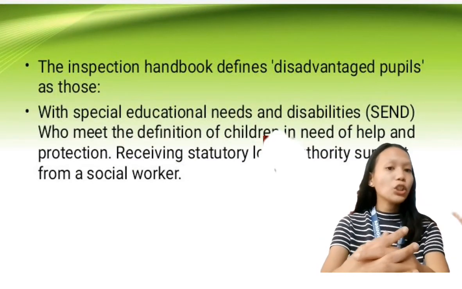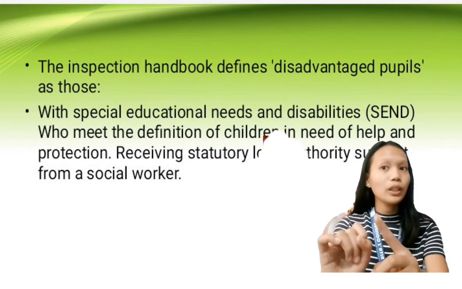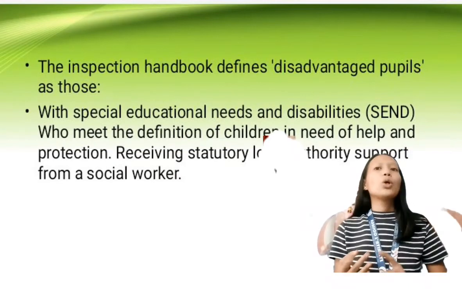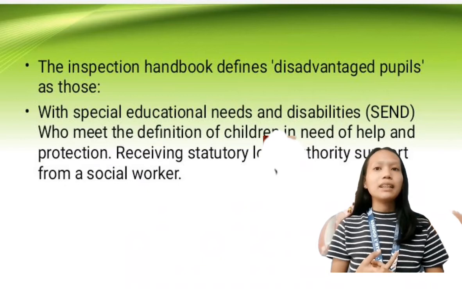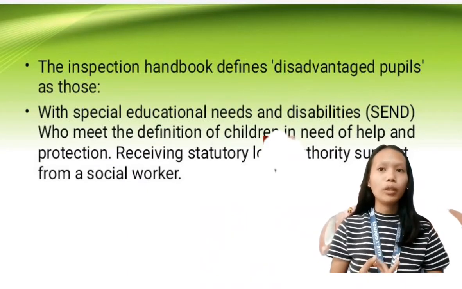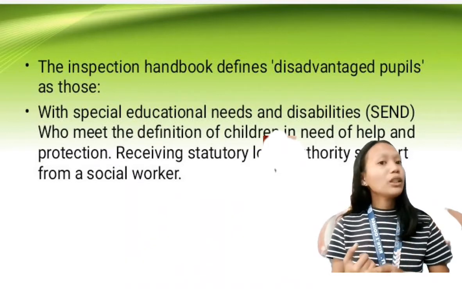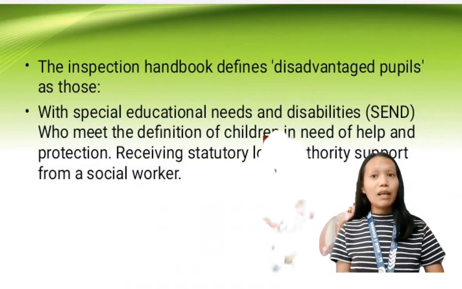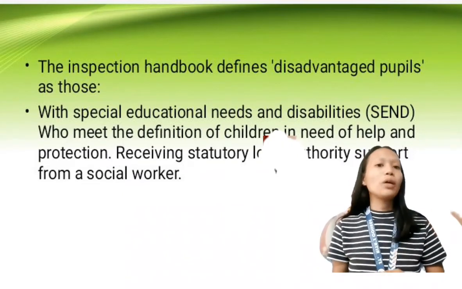So the inspection handbook defines disadvantaged pupils as those with special education needs and disabilities who meet the definition of children in need of help and protection, receiving statutory local authority support from a social worker. So a student with a disability is considered a disadvantaged pupil because they have needs in education, and also need protection.